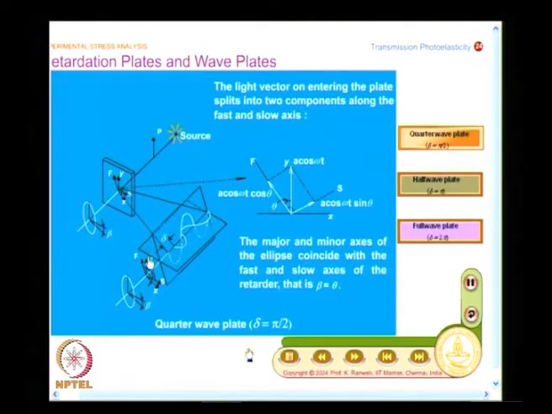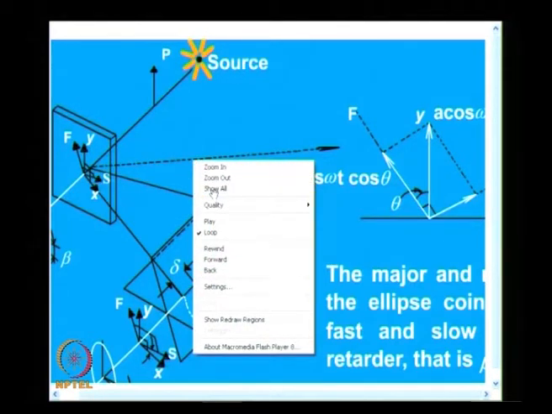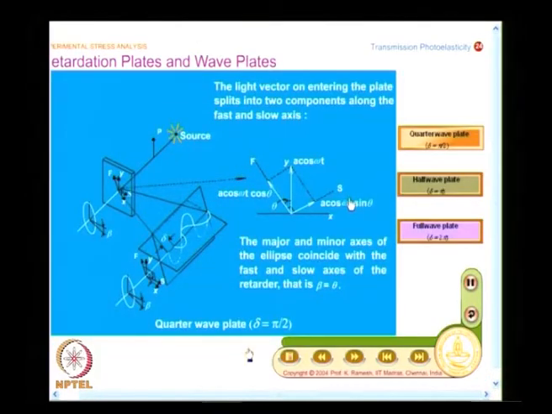What we learned from the animation was that one of the rays travels faster on one plane, and you call that axis the fast axis, and on another plane mutually perpendicular to this, the ray trails behind, and you call this the slow axis. So, once you go to a crystal plate, you will always look for a fast and slow axis.